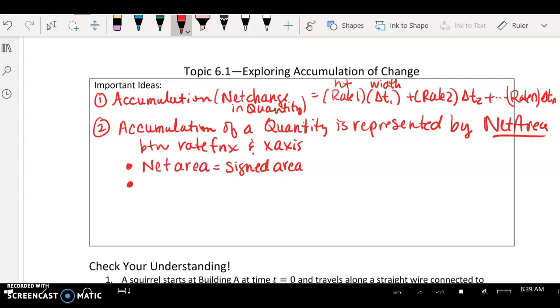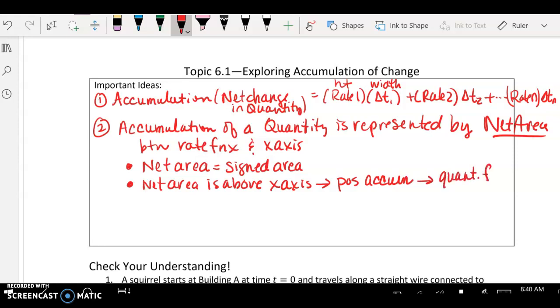So when our net area is above the x-axis, between your rate function and the x-axis, then that tells us that we have a positive accumulation, which tells me that my quantity function is increasing.